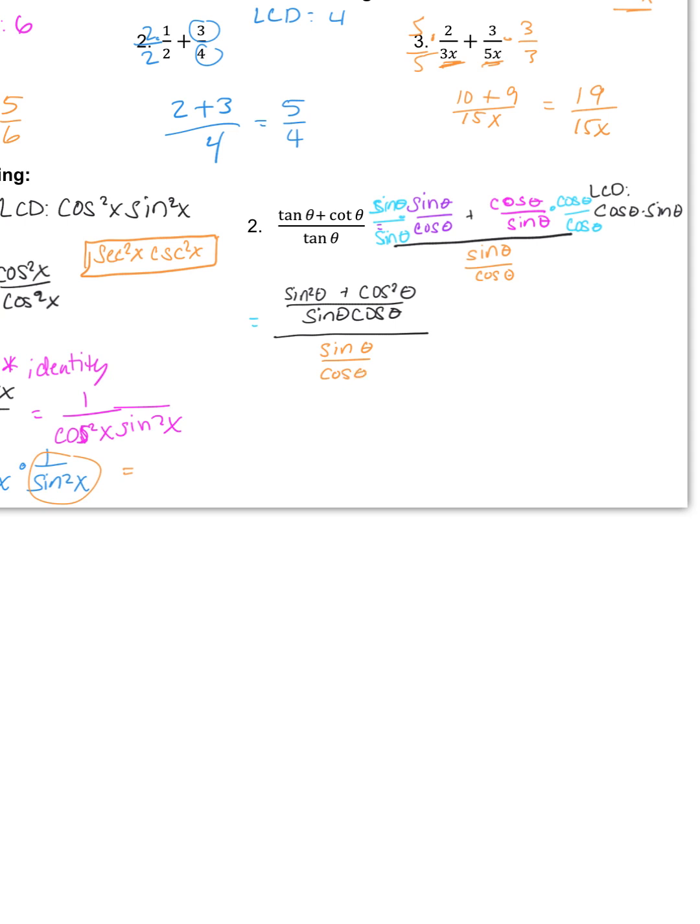Okay, so now we can keep, change, flip, but I see an identity here. We just did this earlier. Sine squared plus cosine squared actually equals 1. So we have 1 over sine theta cosine theta, all divided by our nice little tangent that we changed.